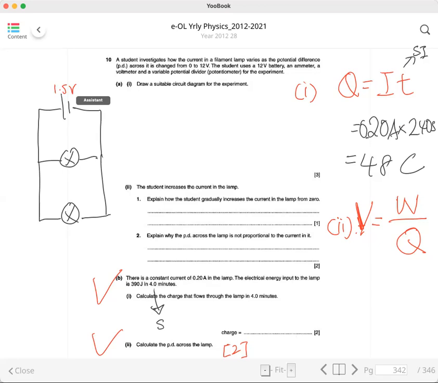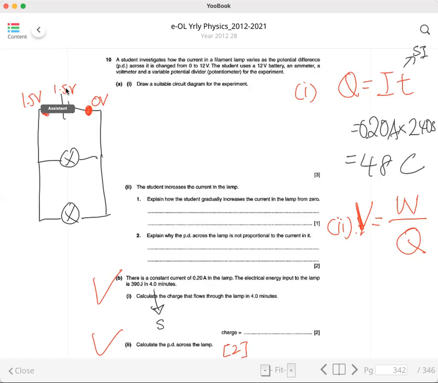What the 1.5 volt battery does is, at first this point here is 0 volt. So the battery raises the potential here by 1.5. So on the positive side of the battery, this point here, the value is 1.5 volt.